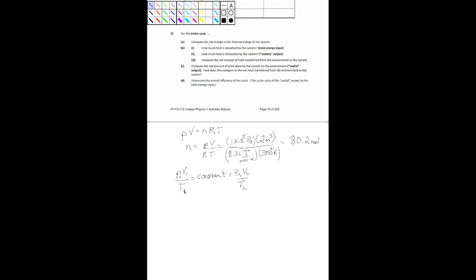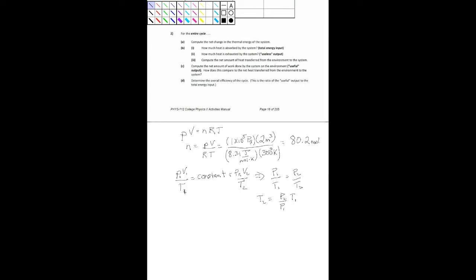So V1 and V2 are the same, and we can simplify the equation, and we end up with P1 over T1 is equal to P2 over T2. Okay? So then we can rearrange this to find T2, or the temperature at state B, and that's just going to be P2 over P1 times T1.